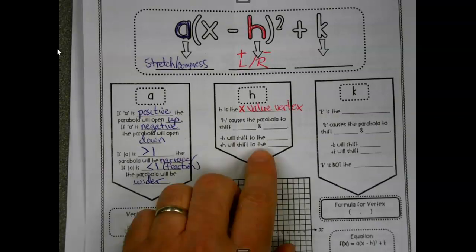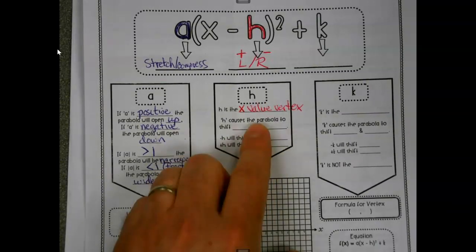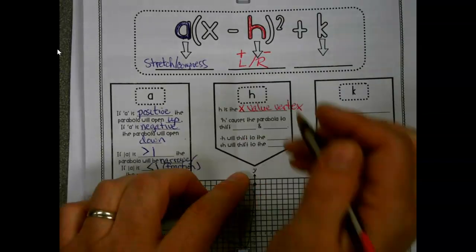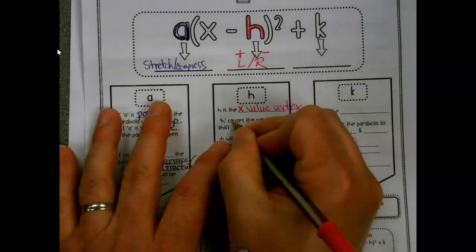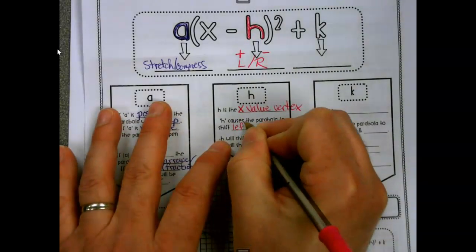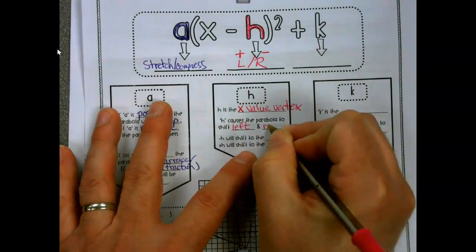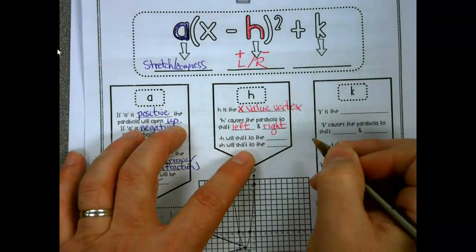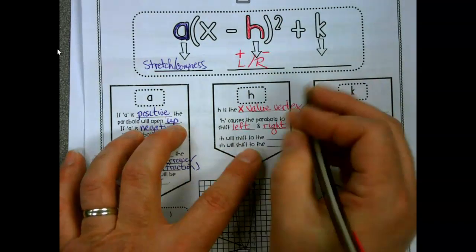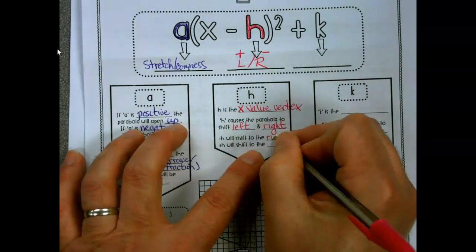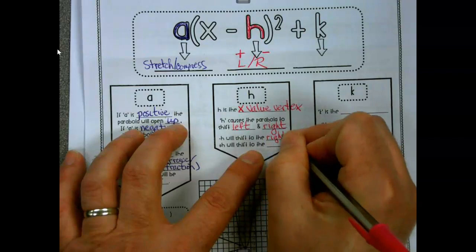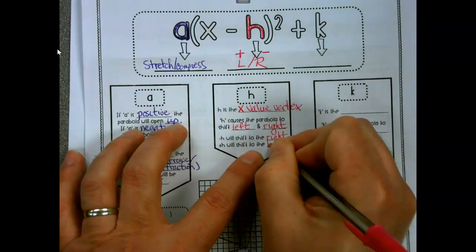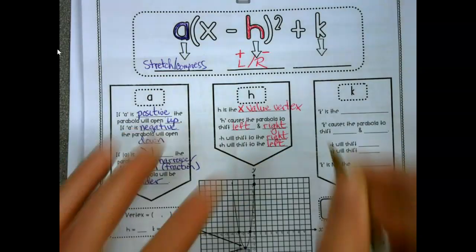And so we're kind of gonna say the same thing down here. H causes the parabola to shift left and right, and like we had up here, the minus H will shift it to the right, and the plus will shift it to the left.